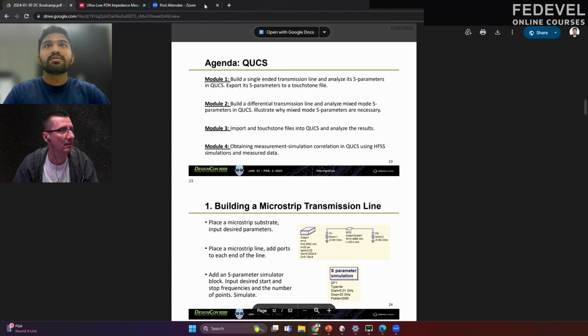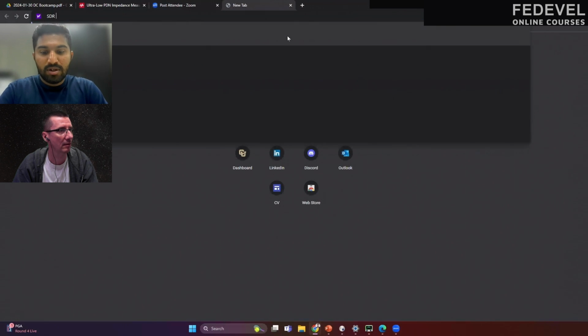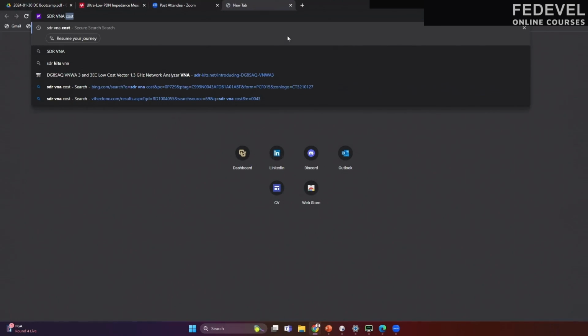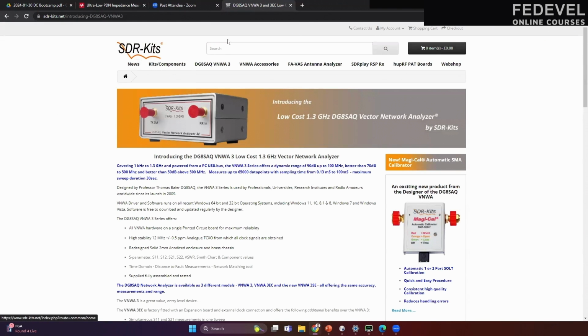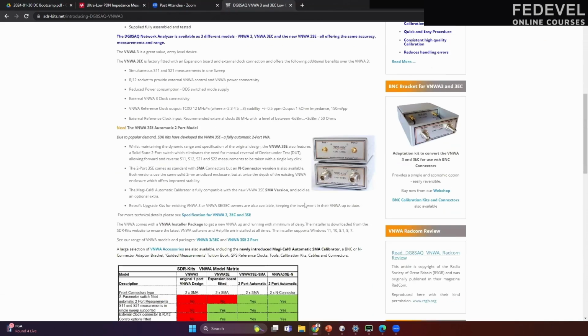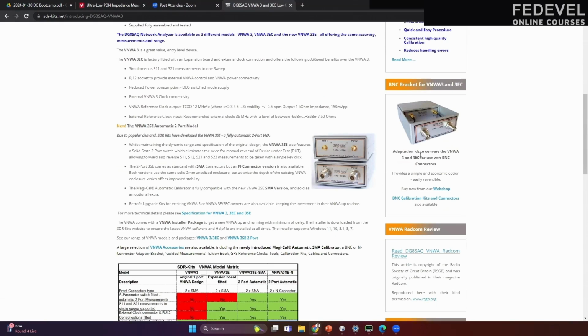I can search it. It's called an SDR VNA. This is it. SDR Kits. That's their website, and this is the model that we are talking about. They have some latest models as well.